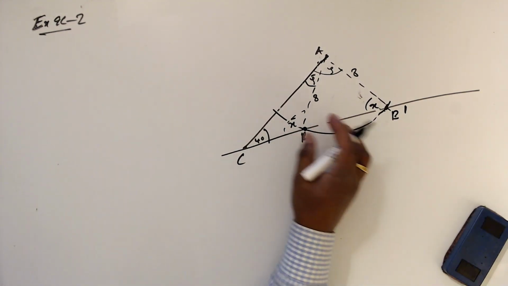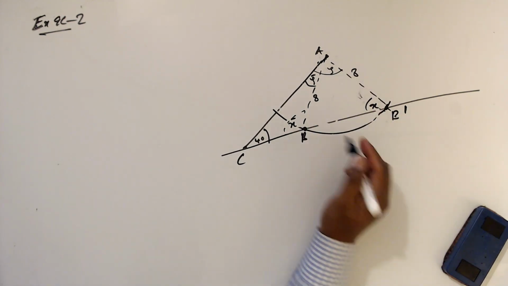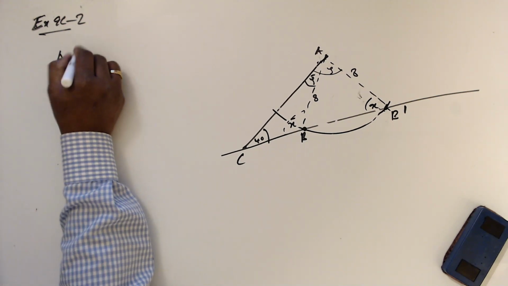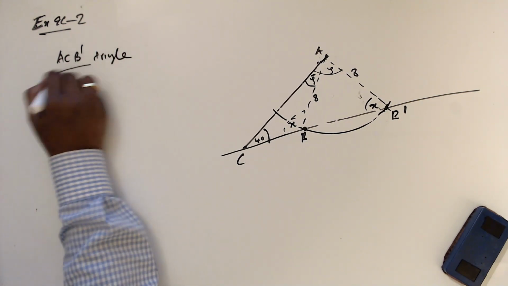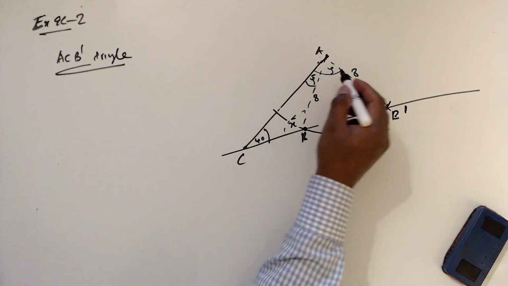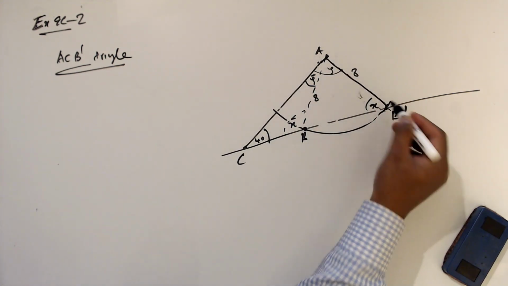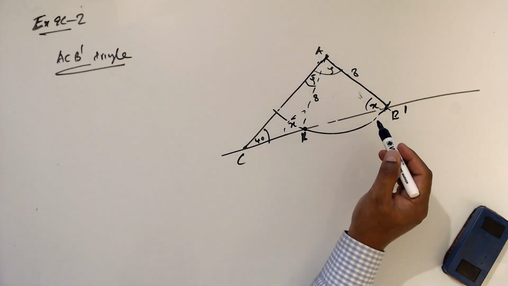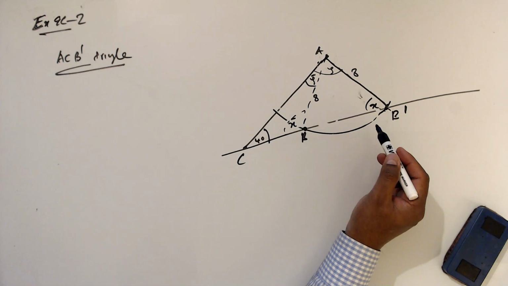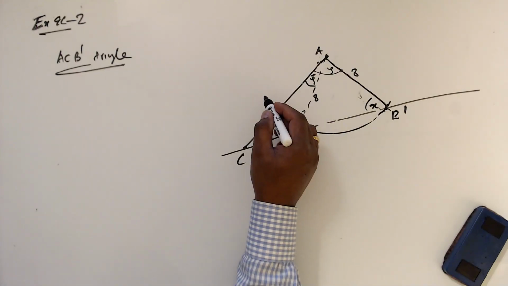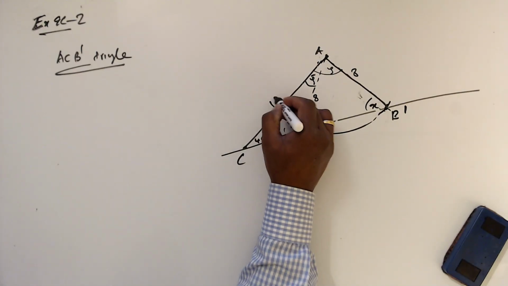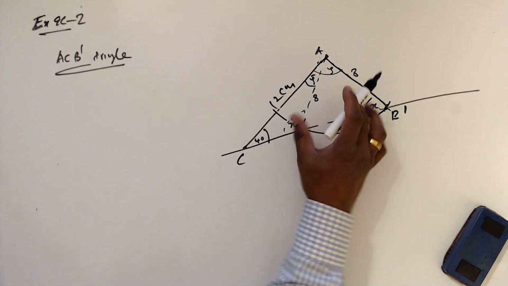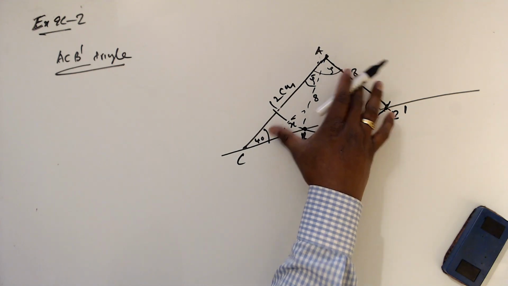So I'll consider the big triangle ACB dash. Now I can see what the known lengths are. I think I know this length as well. This is 12 centimeters. Now this pair and this pair.